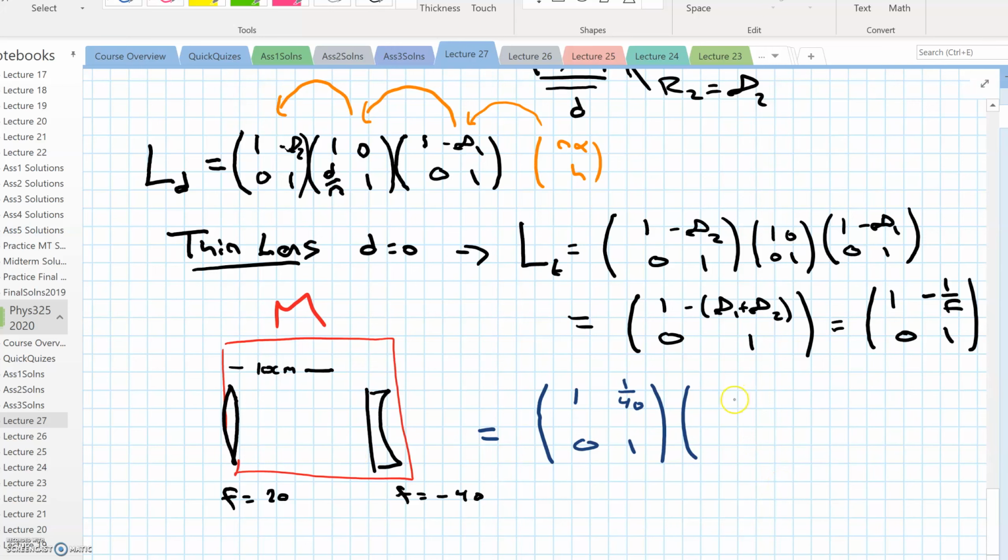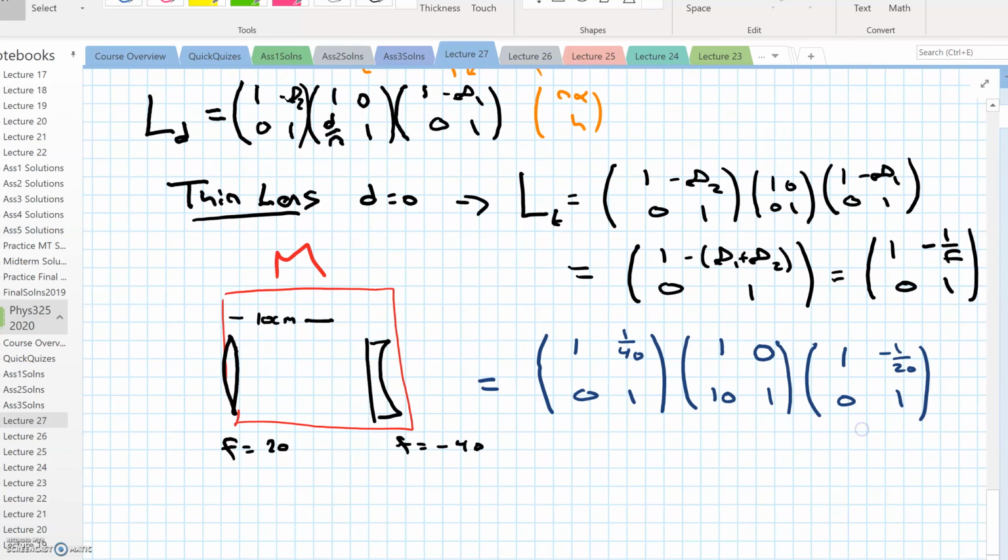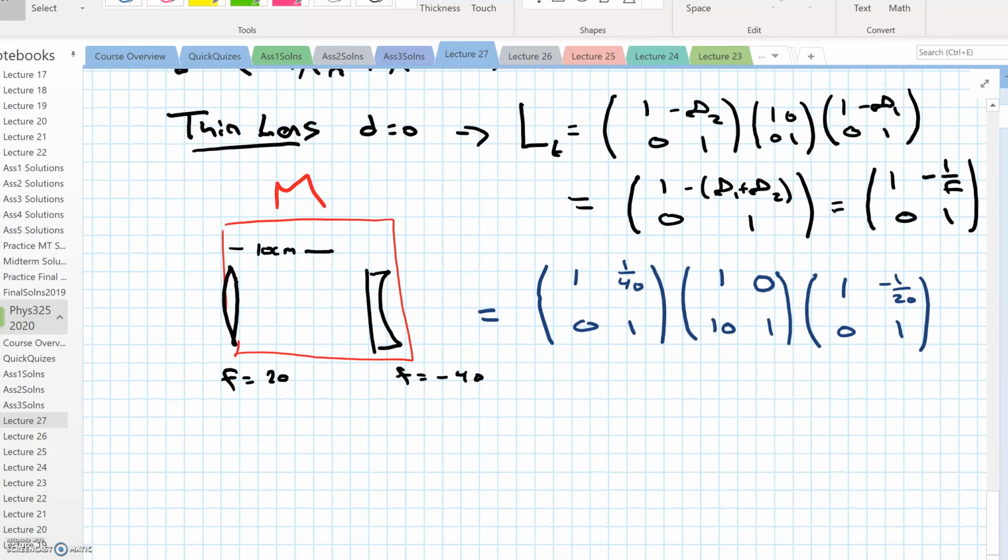Let's say this is air in between. We're going to have 0, d over n, so that's going to be a 10. And finally, negative 1 over 20. And we can blast that away and see what this lens system does.